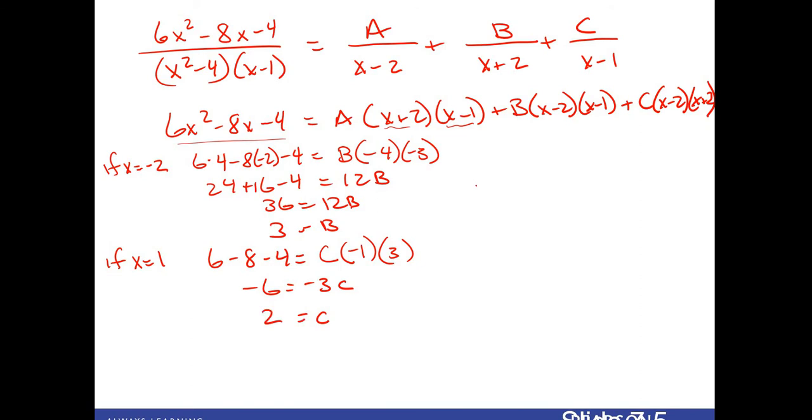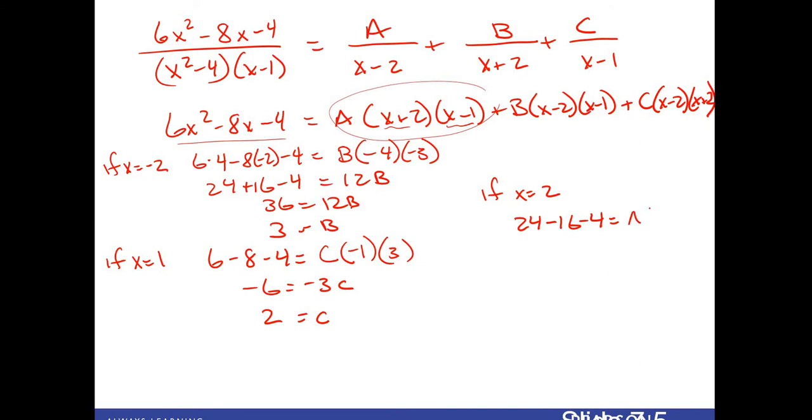And I can do it one last time using x equal to positive 2. On the left, that would be 6 times 4 is 24, minus 16 minus 4. On the right, the only term that is left is my a's, because the b's and c's are multiplied by 0.